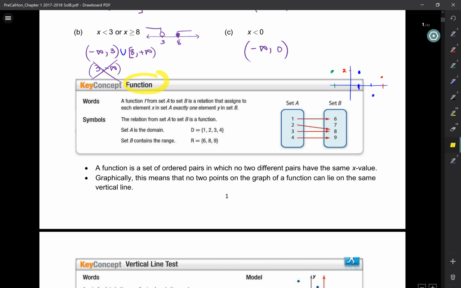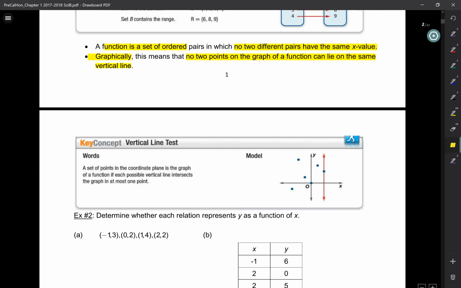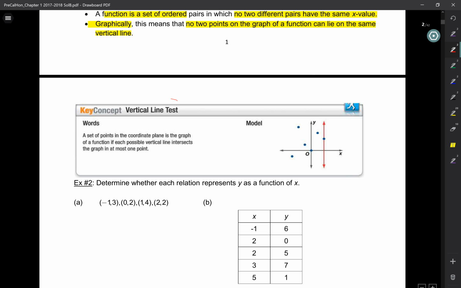Well, if you're given a set of ordered pairs, then no 2 different pairs should have the same x value. So you can't have the x values repeating with different y values. So you can't have 3, 5 and 3, 7. Graphically, it means no 2 points can lie on the same vertical line. And you already know this. We test it using the vertical line test, right?